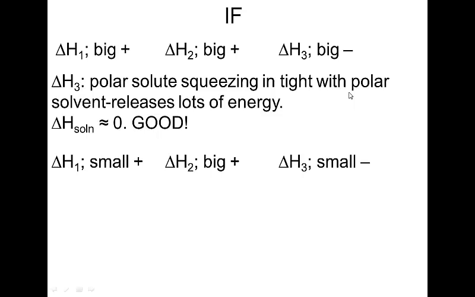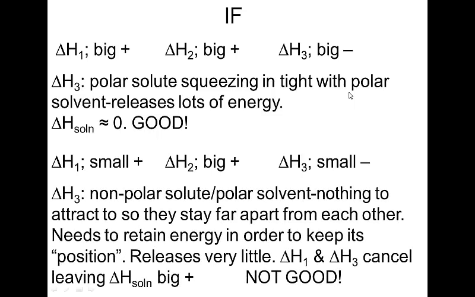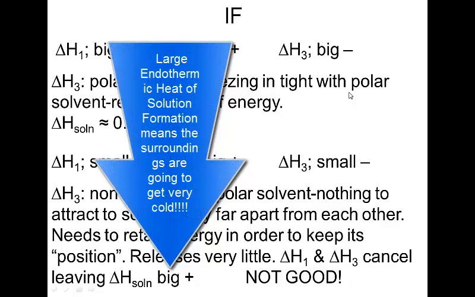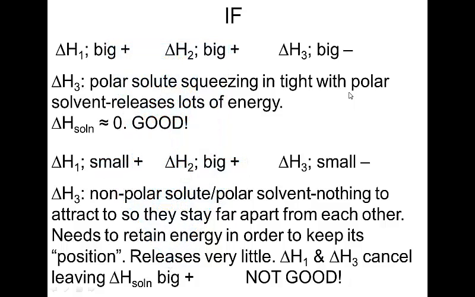It's not going to be the right fit, so they're not going to release a lot of energy. It's going to retain a lot of energy to keep that solute and solvent together. That's a bad thing. This is not going to happen. You are going to end up having a very large endothermic sum of the three, and it's not right. It's not going to be good.